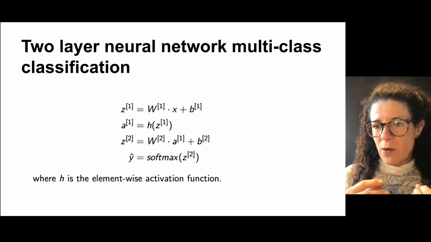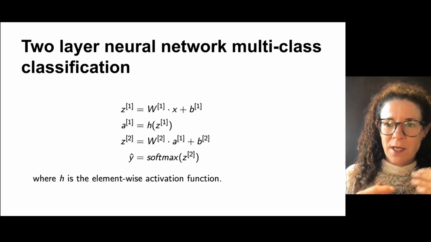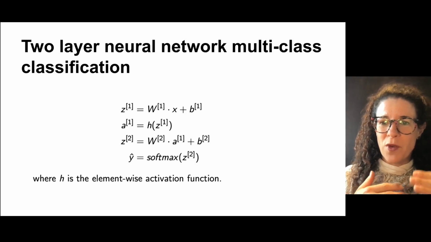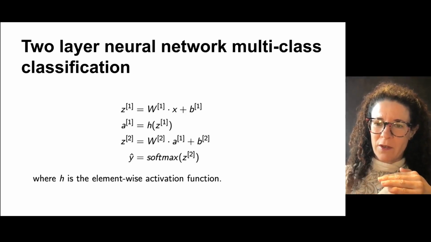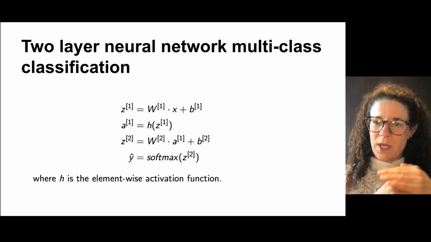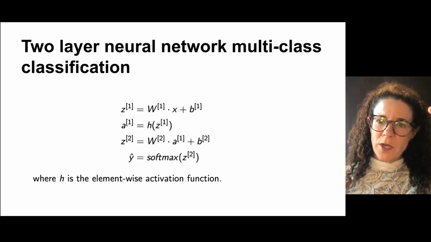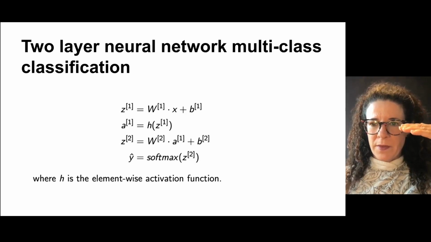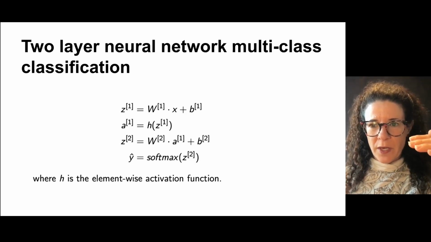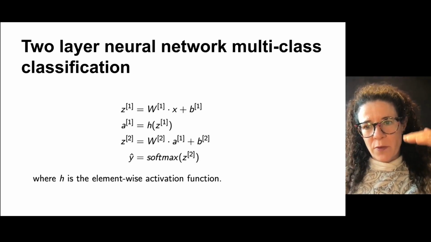So what is a neural network? One way to think about it is that we are stacking logistic regressions on top of each other. So in the first layer, we go from having an input to doing a linear transformation that gives us some numbers that we apply a nonlinear transformation to.